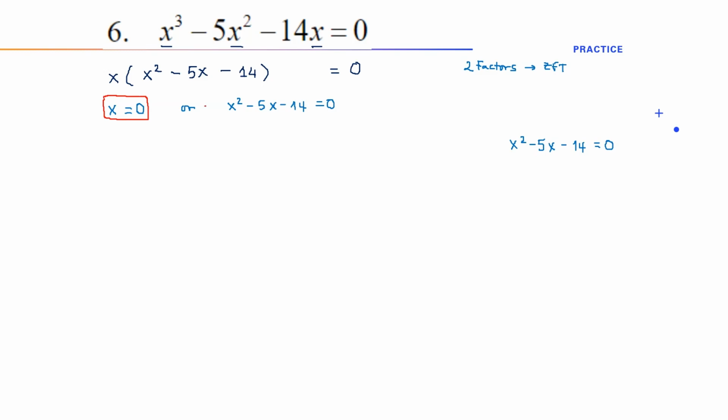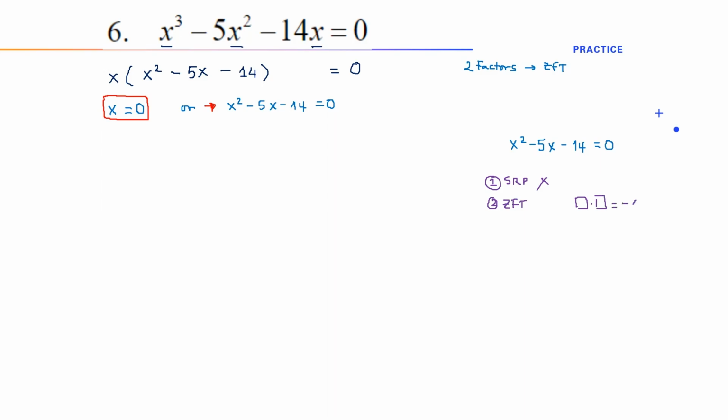Now we're working on this one. We're checking for the square root property. It doesn't work because we have more than 2 terms. Number 2, use the zero factor again. Let's see if we can use the AC method to solve for this.